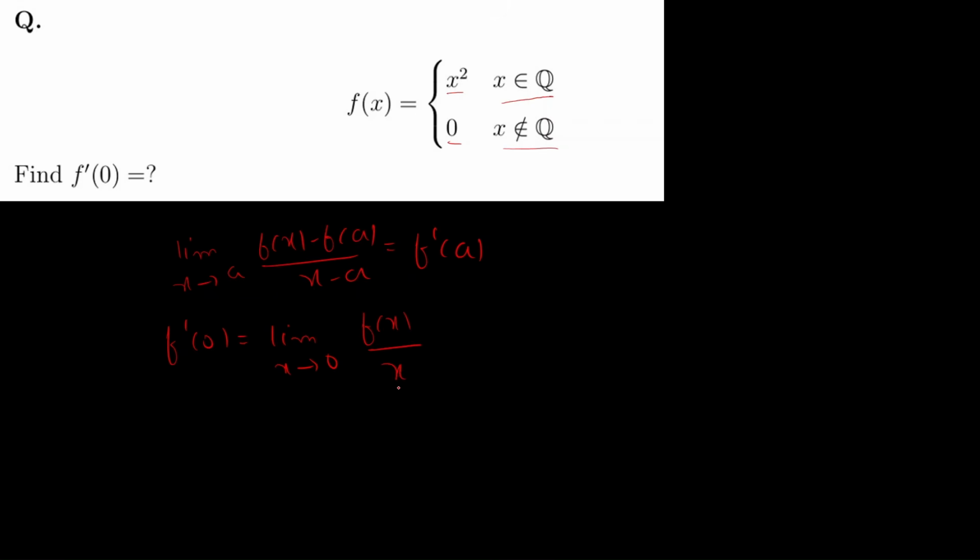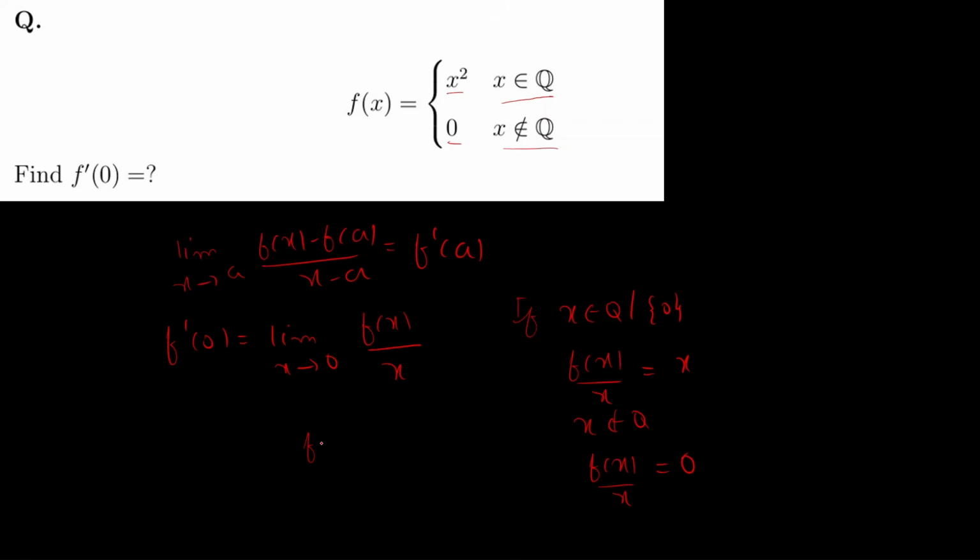Now as x is tending to 0, if x belongs to a rational number but not 0, f of x by x will look like this, x. And if x does not belong to a rational number, f of x will go to 0 and we will get f of x by x is equal to 0. Yeah, so now I can write it up like this.